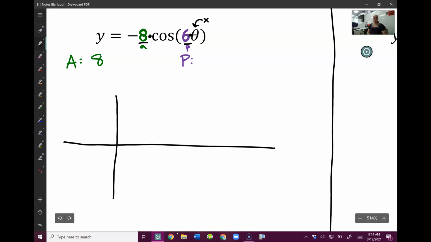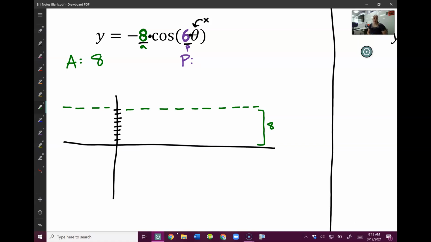Now remember we said our amplitude is going to stretch the graph up and down. So this amplitude is actually going to tell you how many we go, 1, 2, 3, 4, 5, 6, 7, 8, up from the middle. So from the middle, I went up 8.